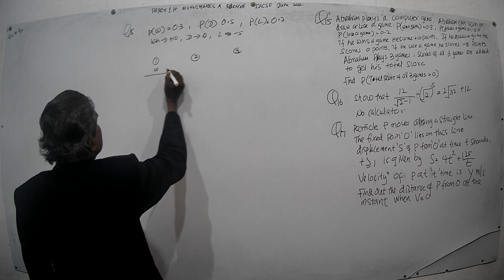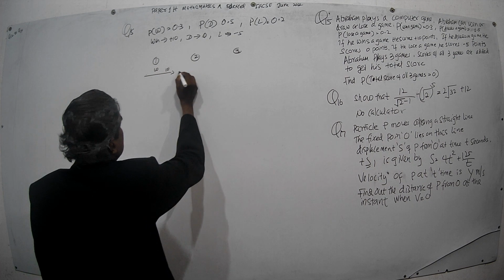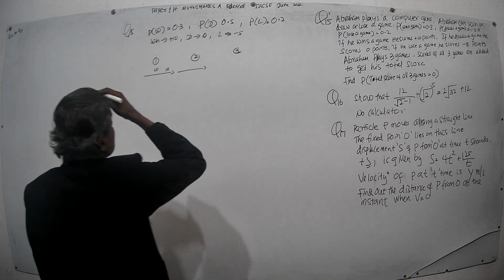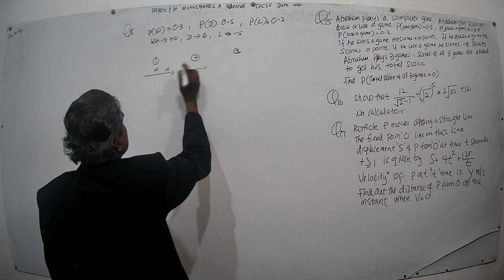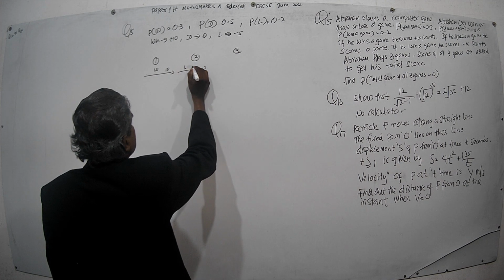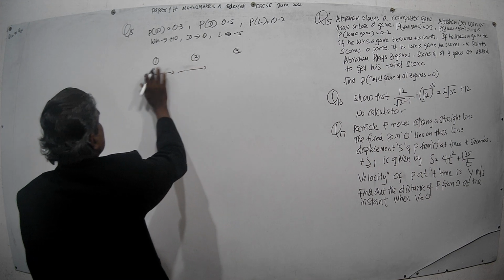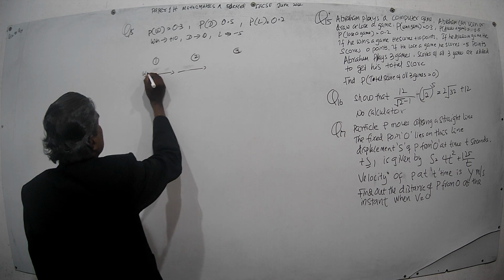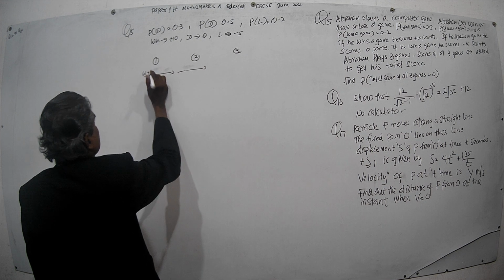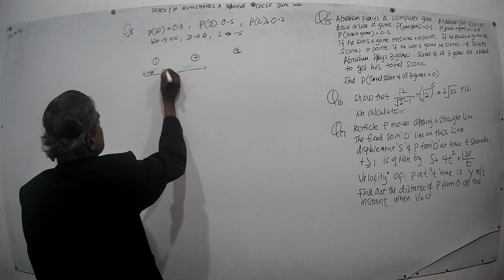Then he gets 10. The first one is win, but the second one he loses. Here he loses, here win, then he gets plus 10. Winning plus 10, and the probability of getting that is 0.3.